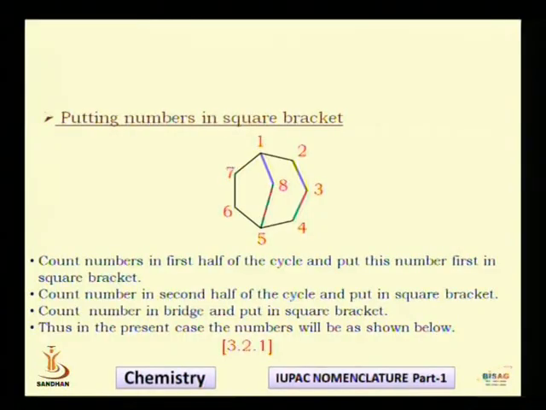So there will be 3 figures. The first figure will show you the number of atoms in the first half cycle. The second figure will show you the number of atoms in the second half cycle. The third figure indicates the number of atoms on the bridge. So in this way we completed the second component, and now we will go for the third component.